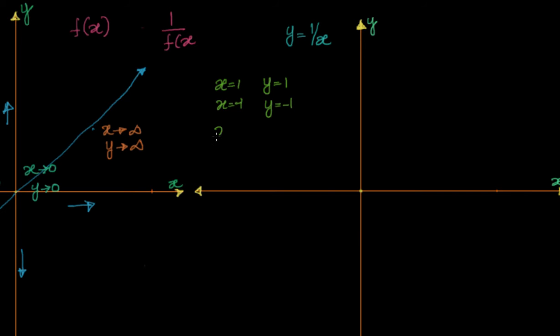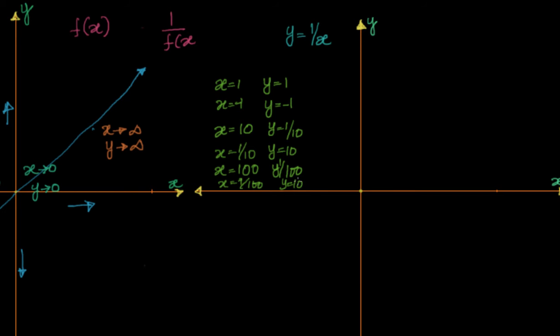If x equal to 10, y equal to 1 by 10. If x equal to 1 by 10, y equal to 10. If x equal to 100, y equal to 1 by 100. If x equal to 1 by 100, y equal to 100.